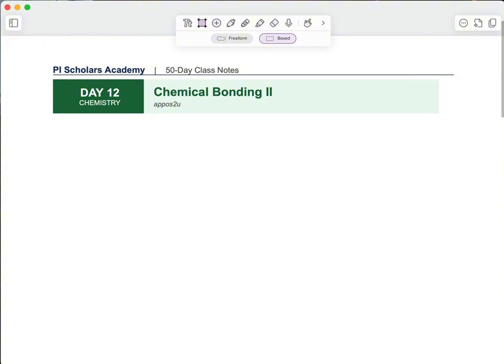So today we're going to be talking about chemical bonding, and the major things I'm going to be discussing in today's class are, of course, the second major type of bonding, the covalent bond. I'm also going to be discussing the Lewis dot structure.